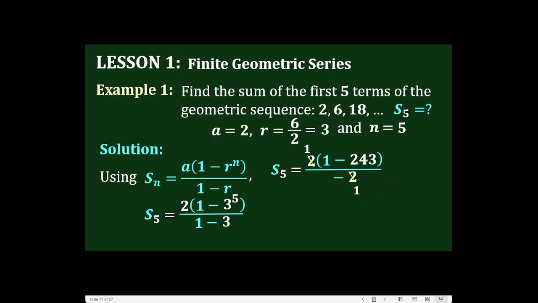And we can divide each of these 2 terms by negative 1. 1 divided by negative 1 will give us negative 1, and then negative 243 divided by negative 1 will become positive 243. And from here, negative 1 plus 243 will result to positive 242, which is the answer.